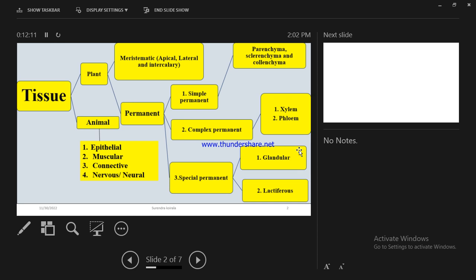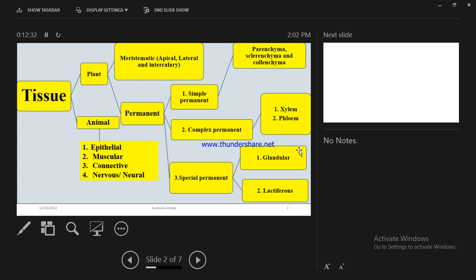I hope that you have experienced it. Some plants bear lactiferous substances from their stems. They produce a milk-like substance, like the rubber plant. That is the lactiferous substance.